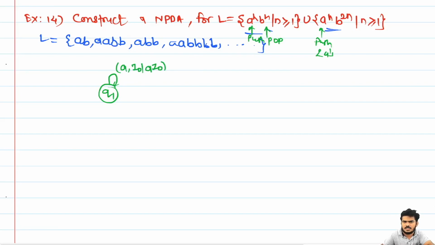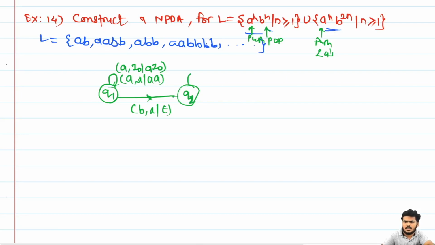So this becomes A Z0. And whenever the stack contains A and the input is also A, then I have to push that particular A into the stack. Now whenever B starts occurring and the top of the stack is A, I will start popping, and I am moving to the next state, that is Q2.